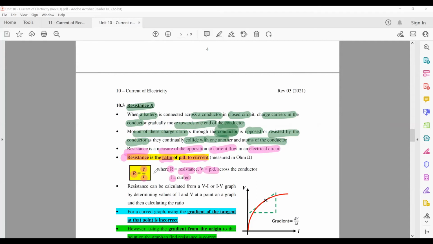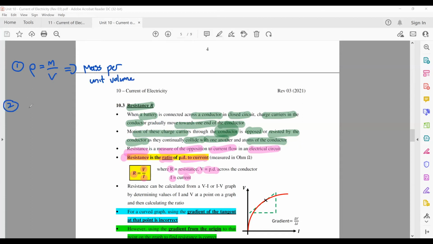Now, it is very important for you to know the differences between ratio, rate of change, and something per unit something. By now, you probably have gone through a few of these quantities. Let me just write them out for you. If I give you density, you will tell me this is mass per unit volume.